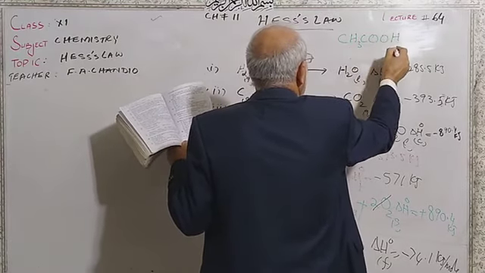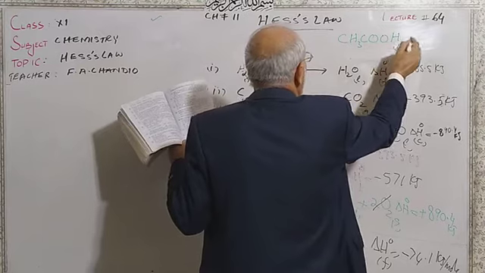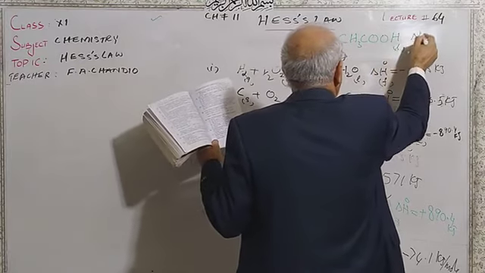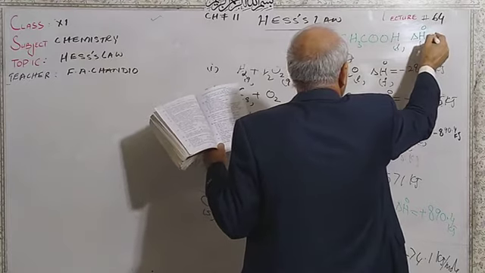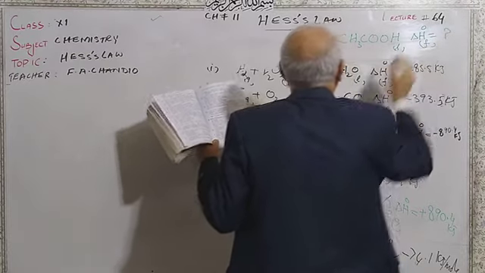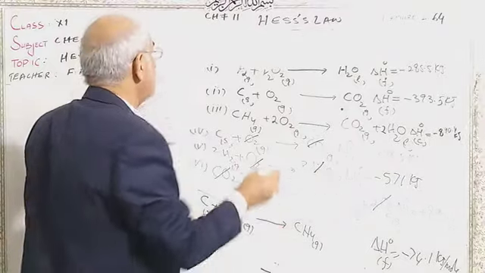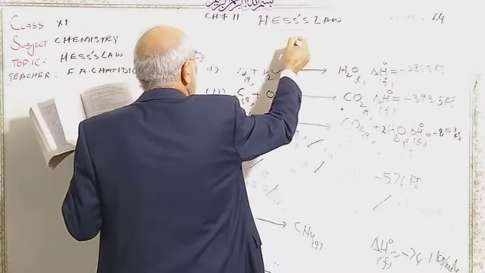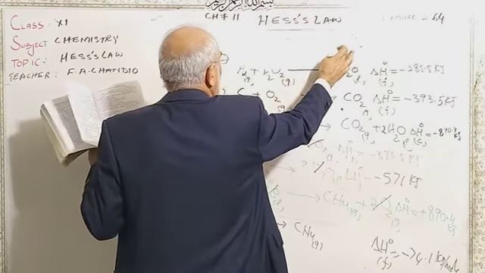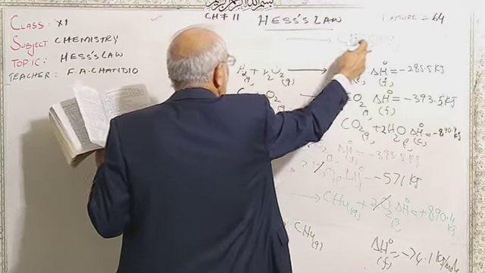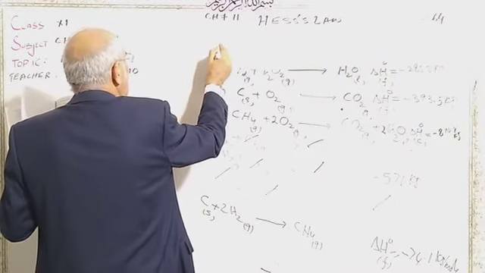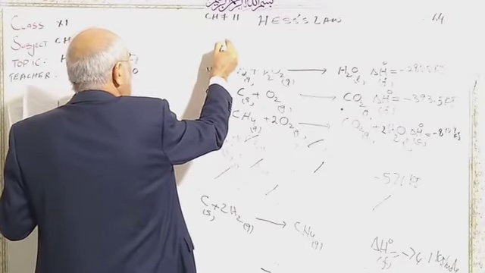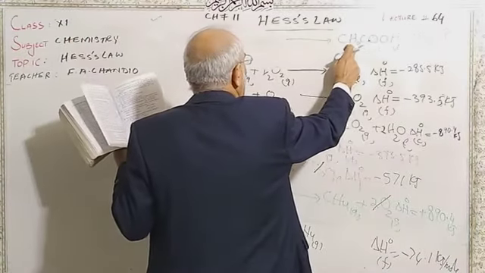This is the formula of acetic acid, liquid, and delta H not of formation is the question. It is formed from carbon. Carbon is a solid, so I must write it in this form: carbon solid plus hydrogen.